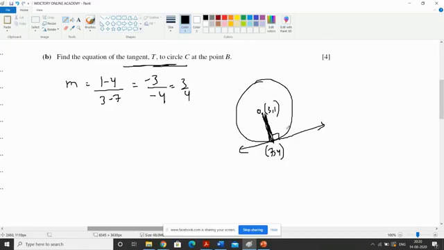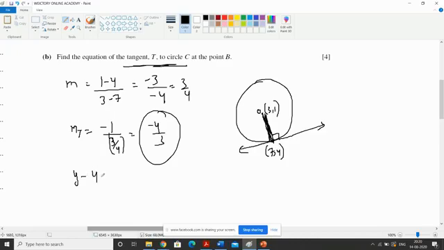And then you can find the gradient of the tangent. The tangent's gradient is negative 1 divided by 3 over 4, which will give you -4 over 3. So that's the gradient of the tangent, and the point is (7, 4). So we can write y minus 4 equals -4 over 3 times (x - 7).